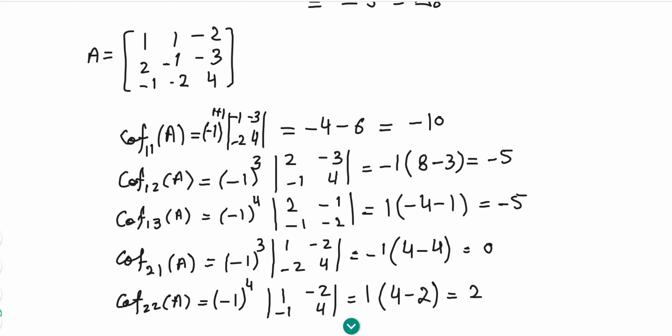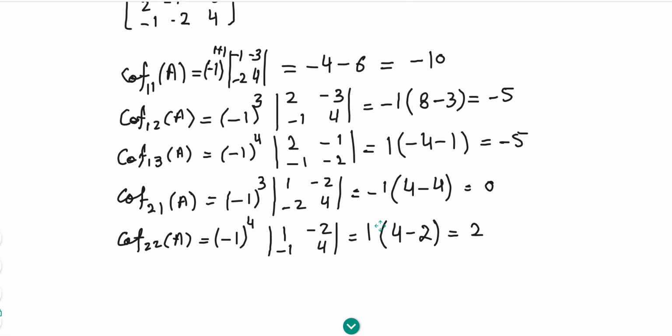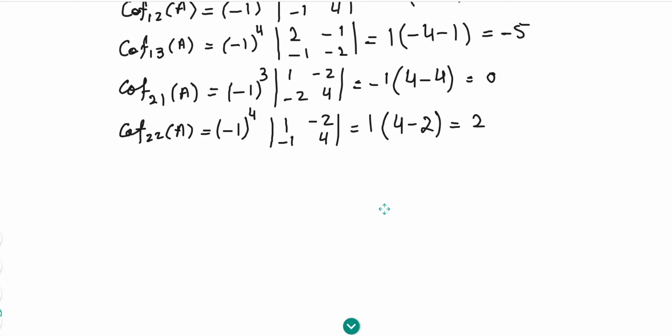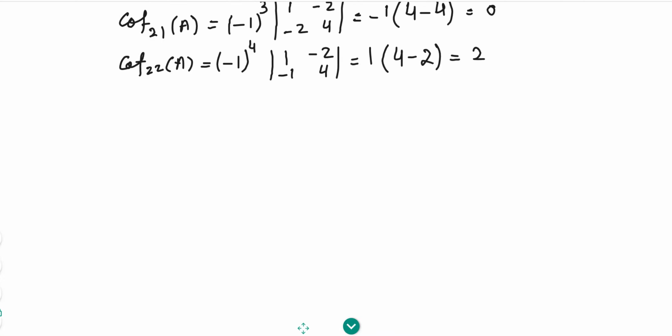Good. So we are finding cofactors. For the rest of the cofactors, I will simply write their answers, because now you know how we can find cofactors. So cofactor 2 3 of A is equal to 1, and cofactor 3 1 is equal to -5.